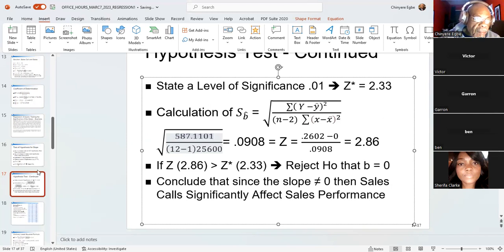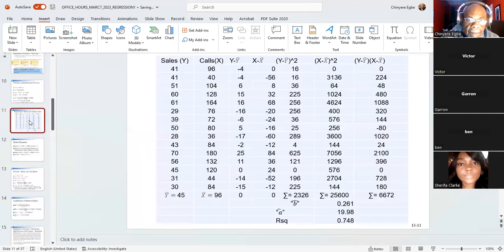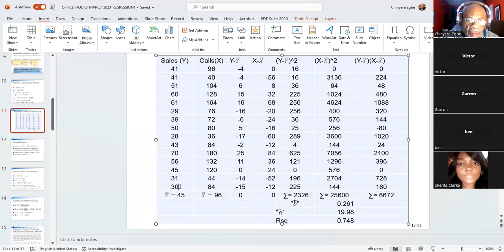did we actually have a sample size of 12? Let me count: 1, 2, 3, 4, 5, 6, 7, 8, 9, 10, 11, 12, 13, 14, 15. Actually, we have 15 here, not 12.